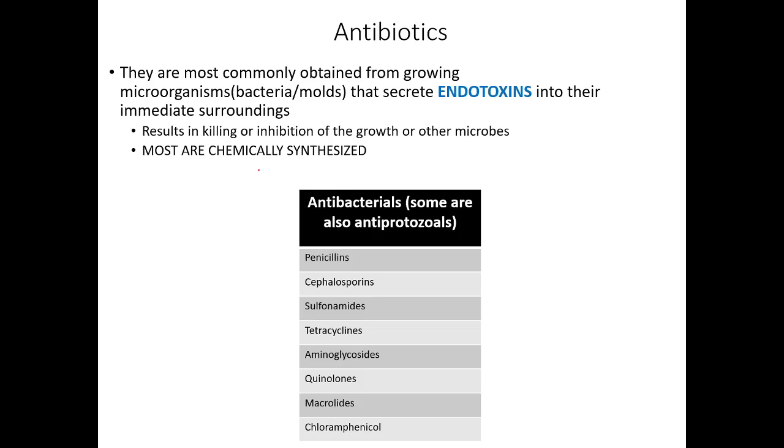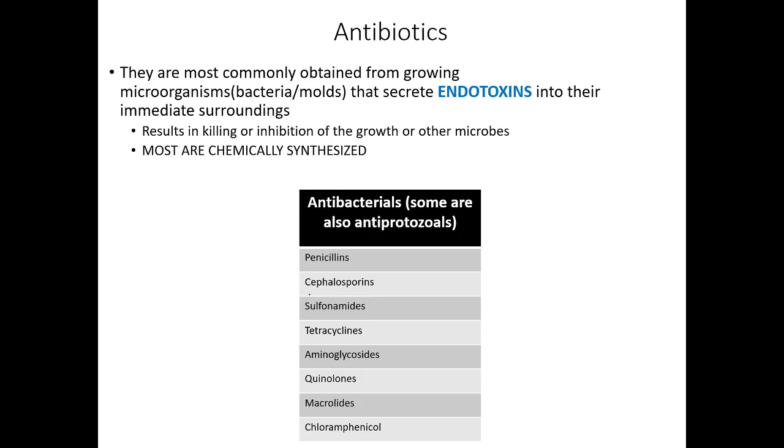Most of the antibiotics that we use are now chemically synthesized, but they did come from typically food or plant sources prior to being chemically synthesized. These are the classes of antibacterials that we are going to talk about. Some of these are also antiprotozoals.